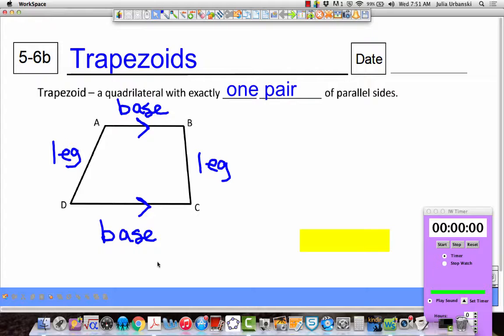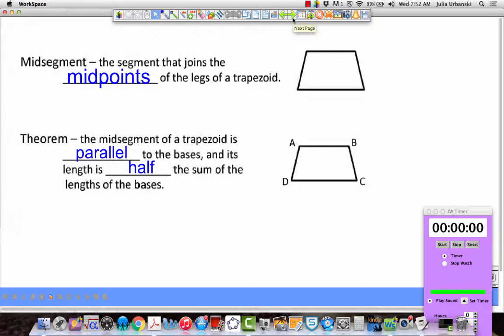Questions on that? All right. Here's something you should recognize. We did it with triangles. We're going to do it for trapezoids as well. It's almost the same except that a trapezoid has two bases. A midsegment is a segment that joins or connects the midpoints of the legs. If this is parallel to this, then those are the two bases.